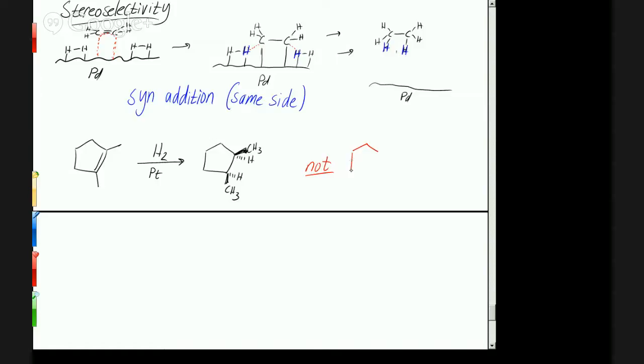So we don't form the chiral ones like this. So those would not be formed.